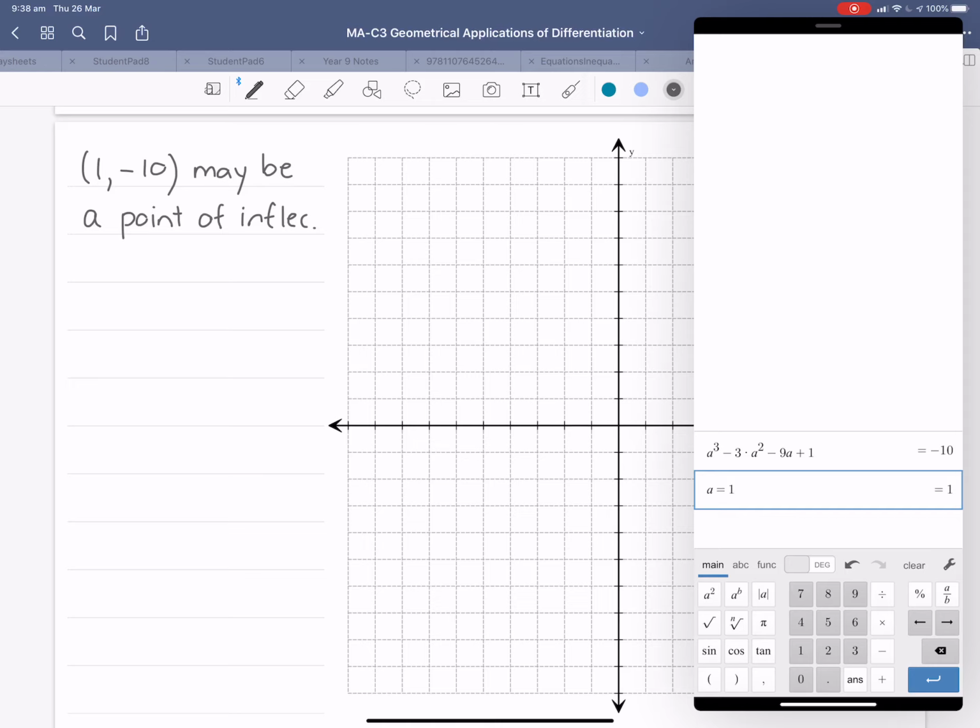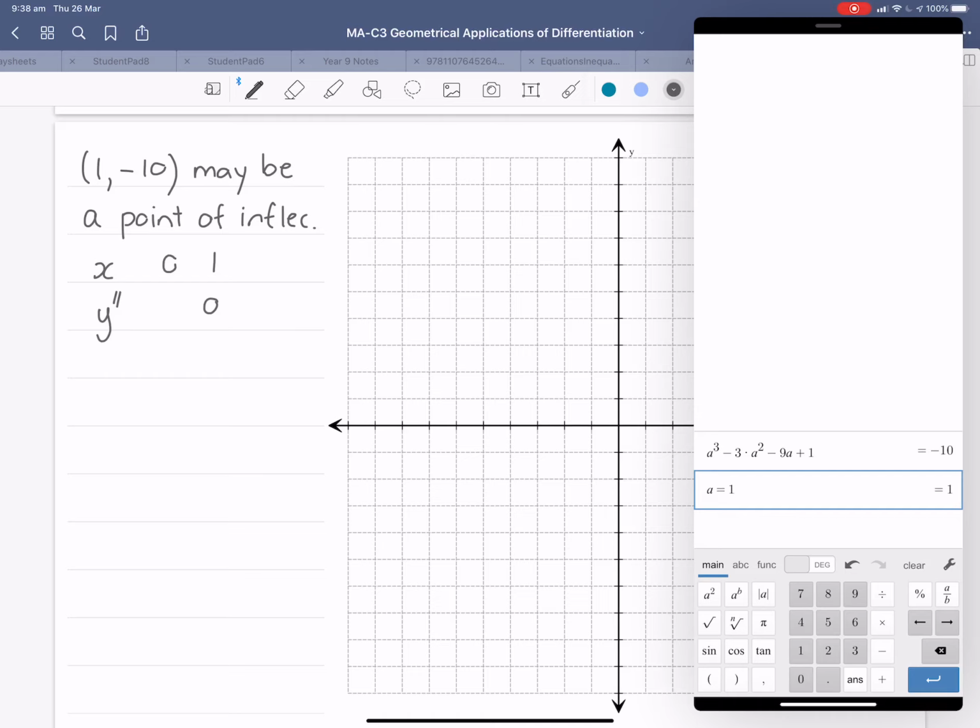Right, in order to be sure, I need to test either side. So I need my little table of values, and I am testing the second derivative. I know when x is 1, the second derivative is 0. I want to test if concavity changes either side of that. So I'll test 0.